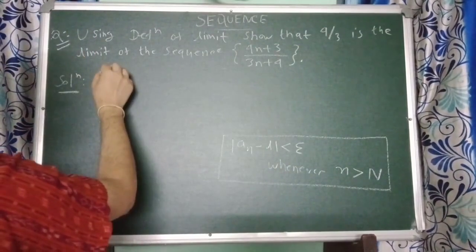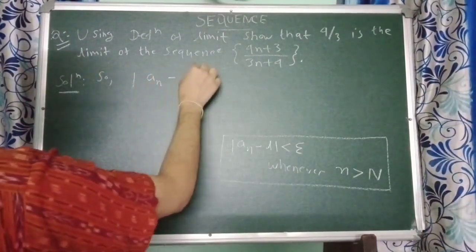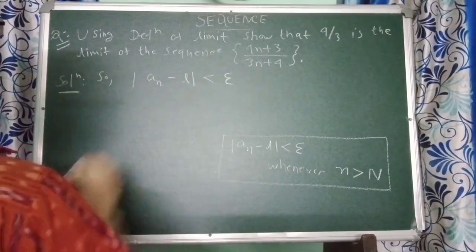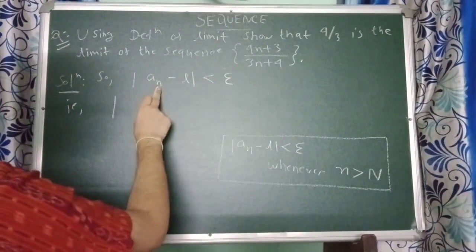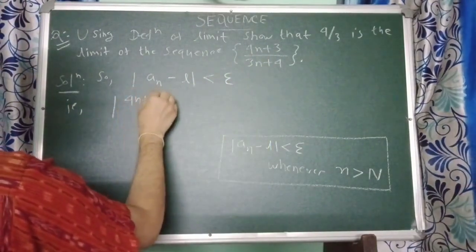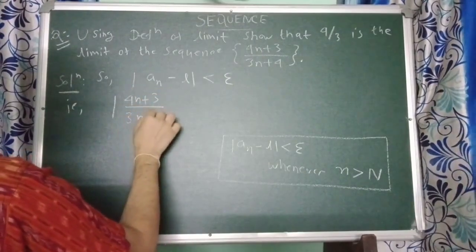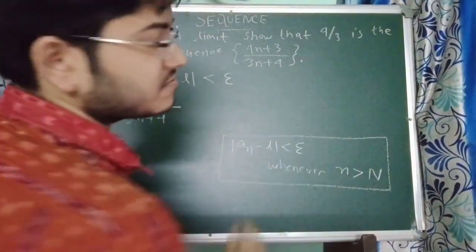So |a_n minus L| less than epsilon, that is, here the sequence is (4n plus 3) divided by (3n plus 4) minus L, and we justify that 4 by 3 is the limit.